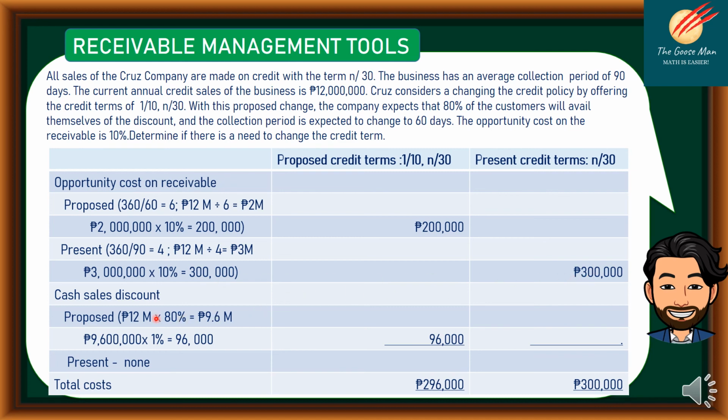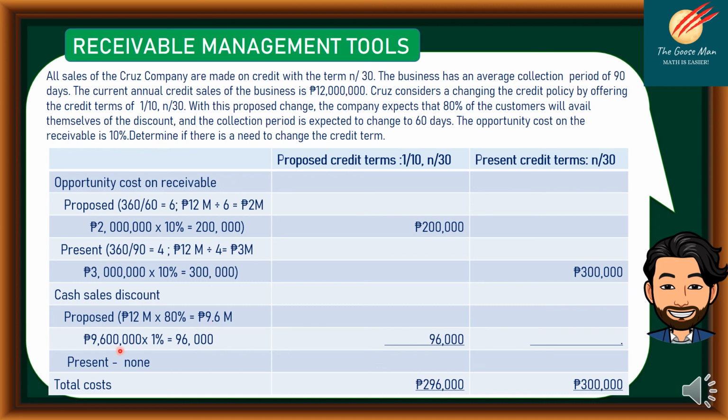However, on our proposed credit term, we are offering a cash sales discount of 1%. Based on the given, the company expects that 80% of the customers will avail themselves of the discount. So 12 million times 80% is equal to 9.6 million.